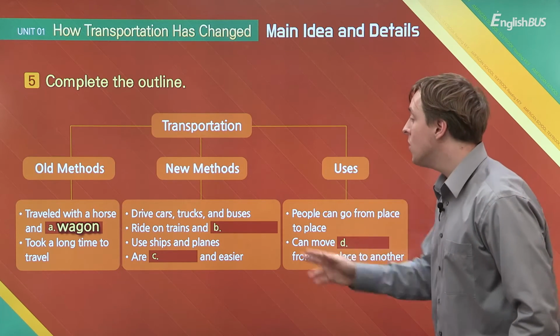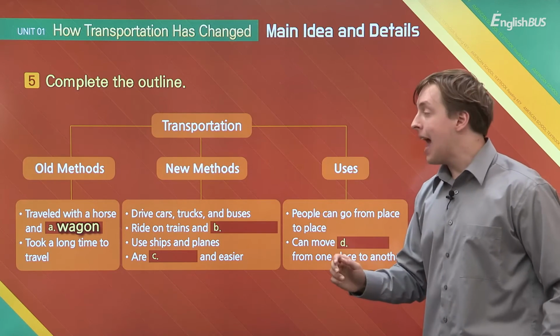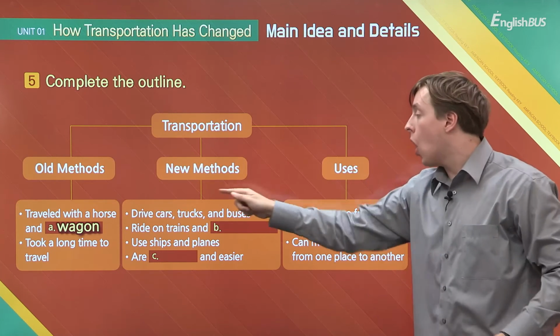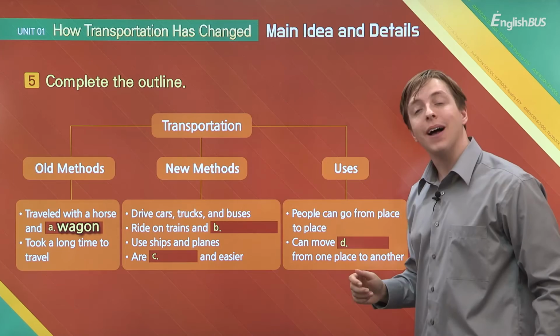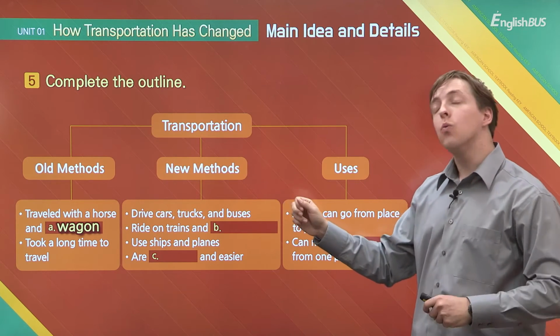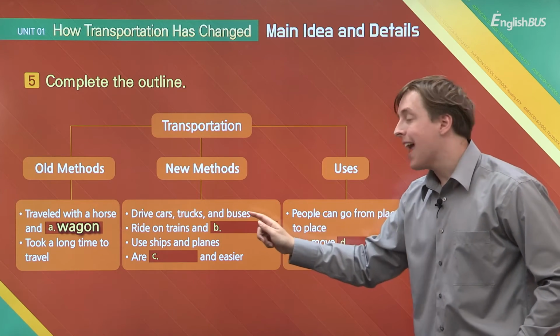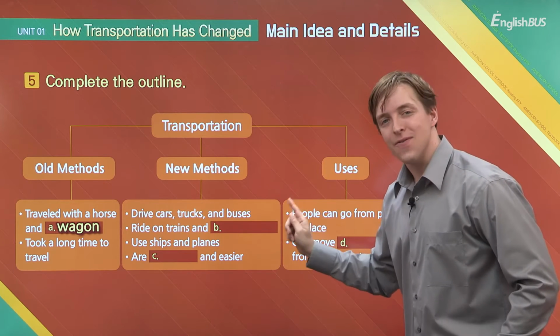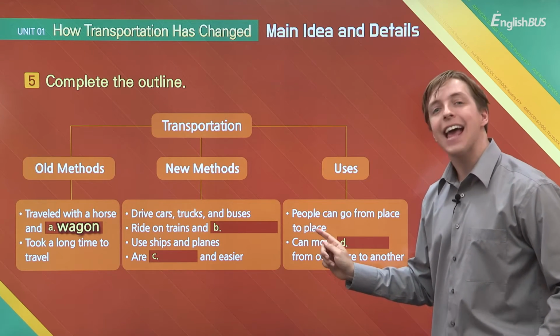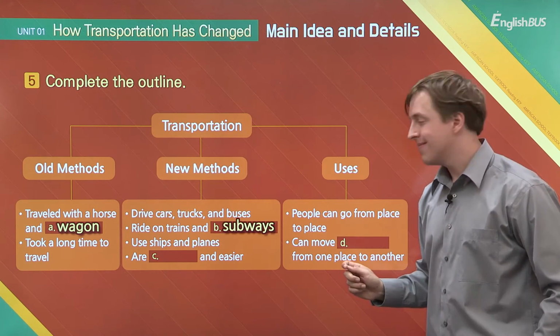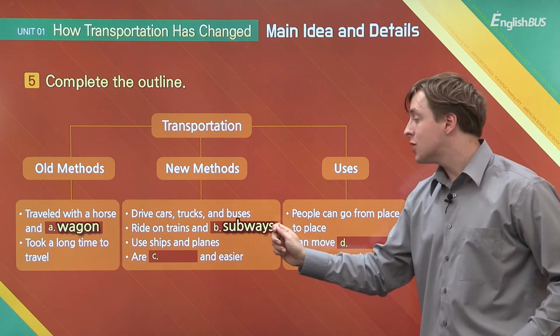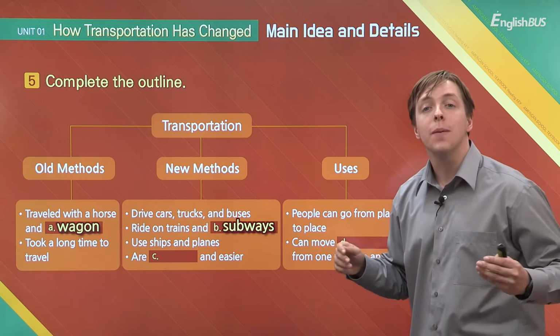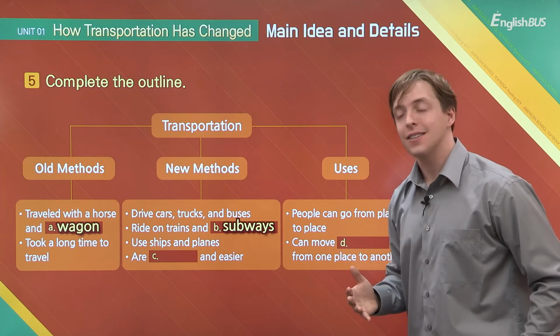Now let's go to the new methods. Now we can drive cars, trucks, and buses. We can ride on trains and, very good, trains and subways. We use ships and planes, or ships and airplanes.